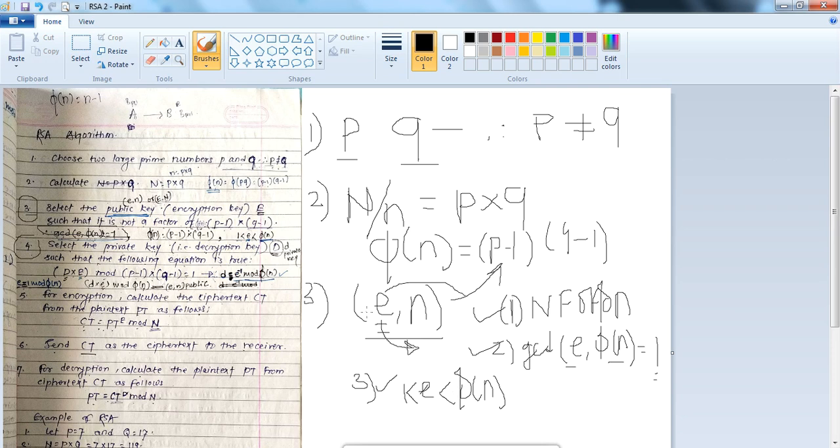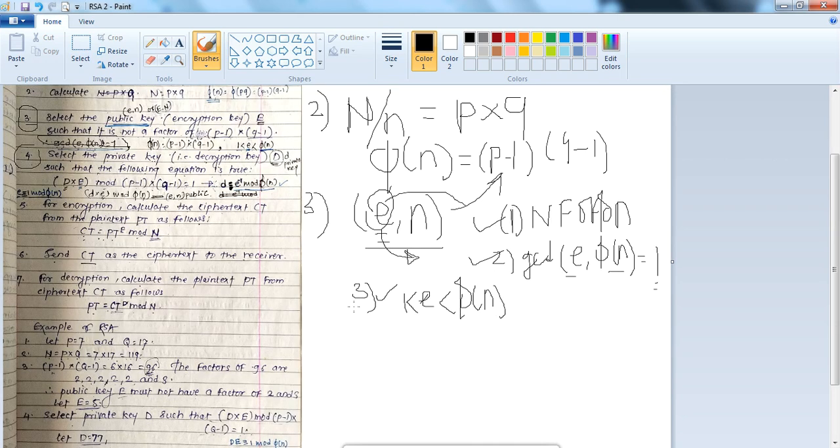Now step 4, select the private key. We have selected the encryption key, now we select the private key. Step 4, private key: select d such that d into e, it can be small d and small e, mod phi of n, means p minus 1 and q minus 1, is equal to 1.